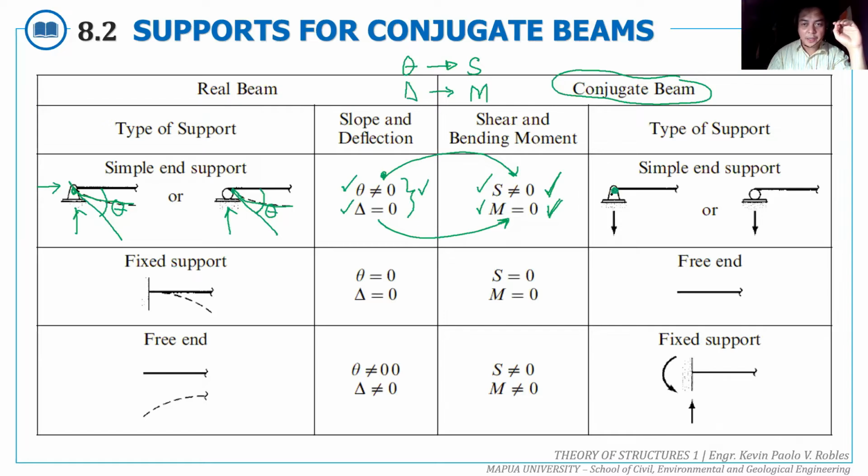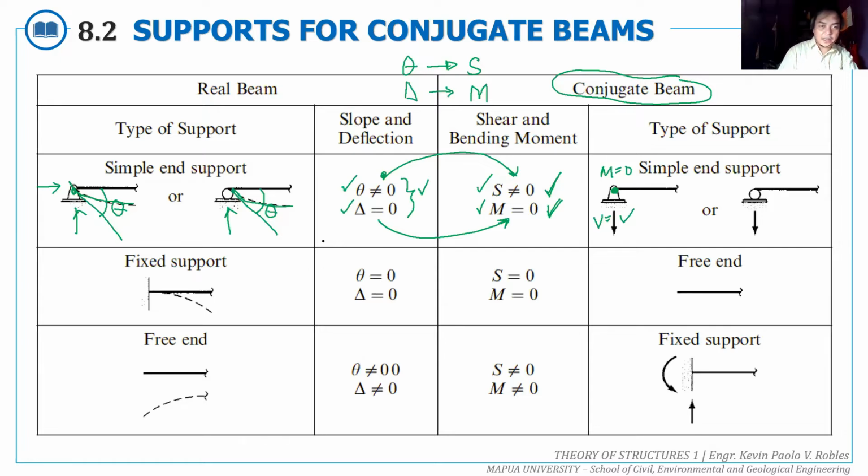Kasi ang simple support, walang moment. Diba? The moment there is 0, tama. And at the same time, there is shear force. There is shear force, that is the reaction. So that means when the real beam has a hinge or roller, the corresponding conjugate beam would be the same, a roller or hinge also. Okay?